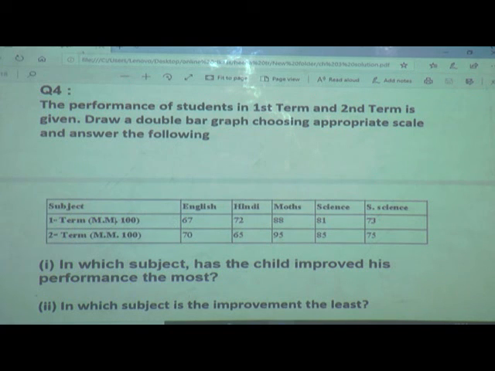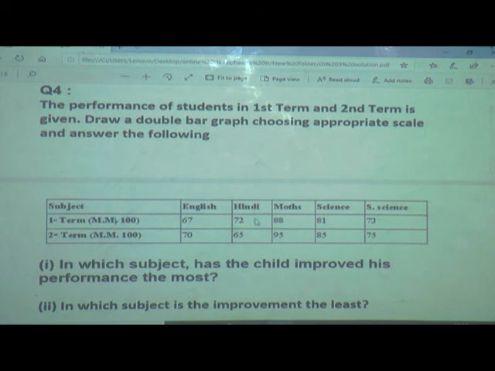The subjects should be on the x-axis and the marks secured by the student should be on the y-axis. We are going to choose an appropriate scale. Here the marks are very similar or nearby, so you should be able to see the difference very clearly.